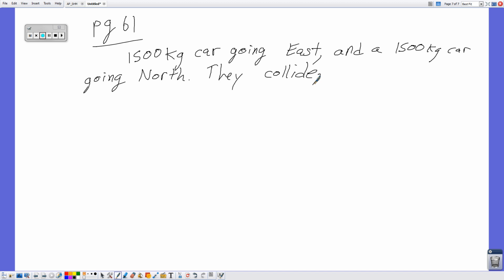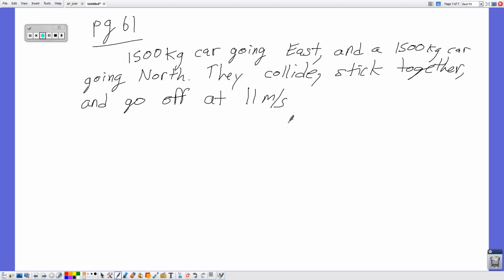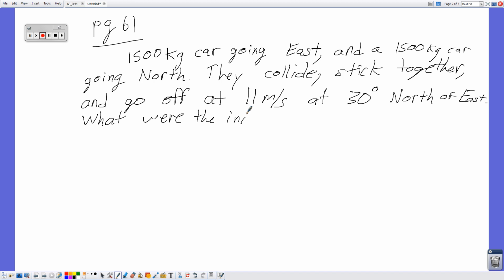They collide, stick together, and go off at 11 meters per second at 30 degrees north of east. What were the initial velocities of the cars?